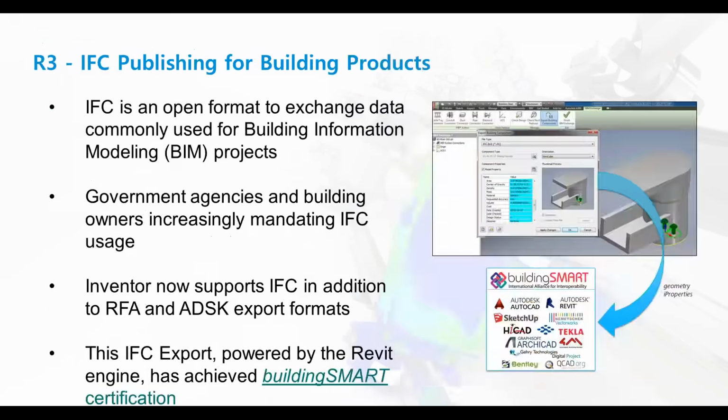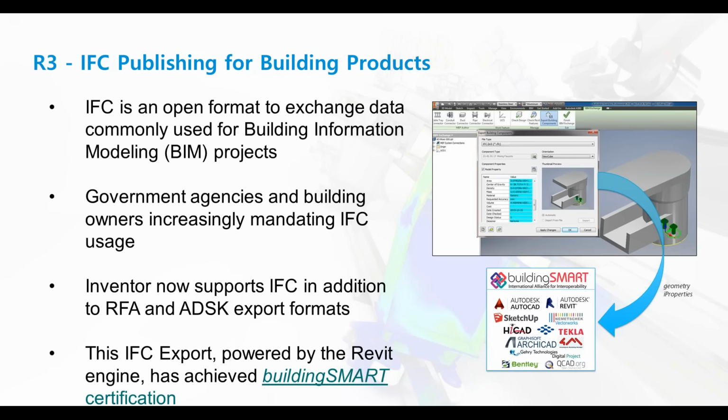we've introduced a new file format for BIM. When you are exporting building components, you used to have RFA and ADSK. We now have a new format, and it's IFC. This is more of like a step file format for the building information modeling environment.